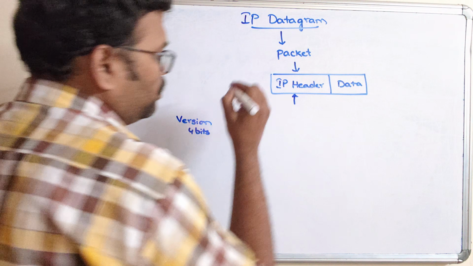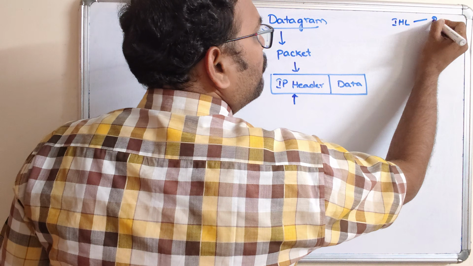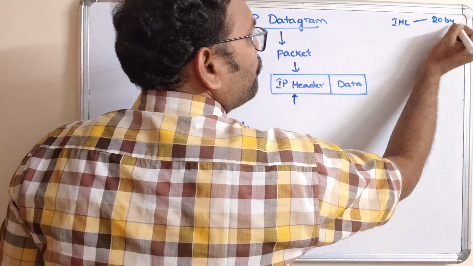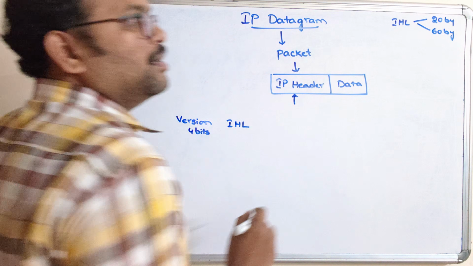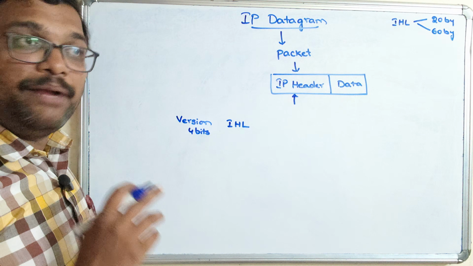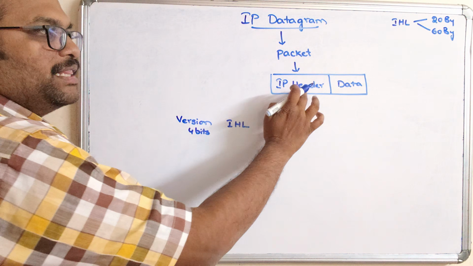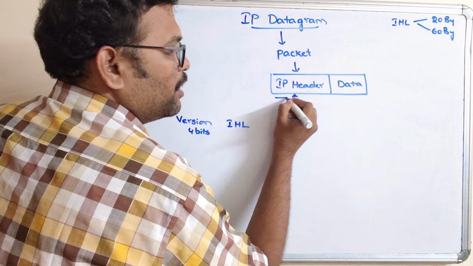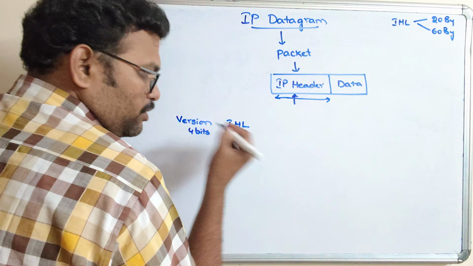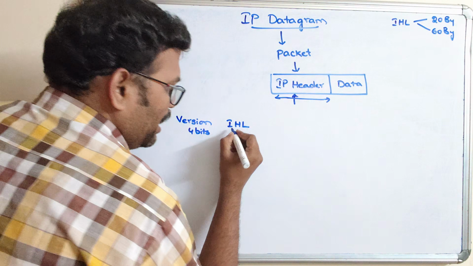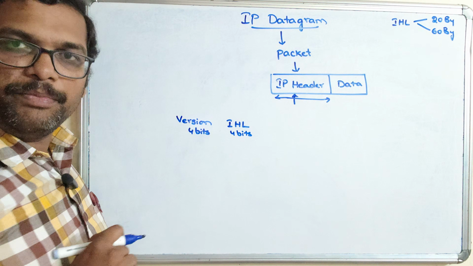This header length will be a minimum of 20 bytes and a maximum of 60 bytes. And to represent this header length, it also requires 4 bits.